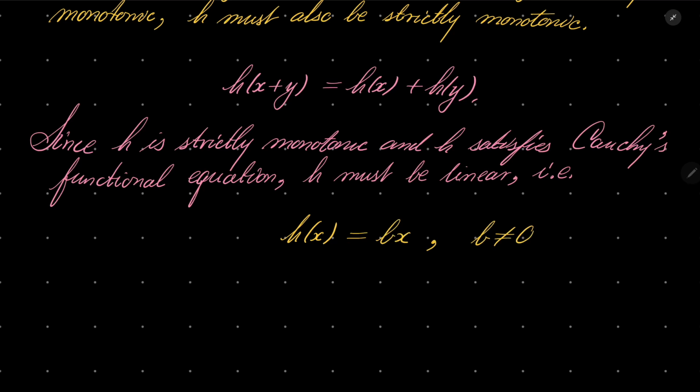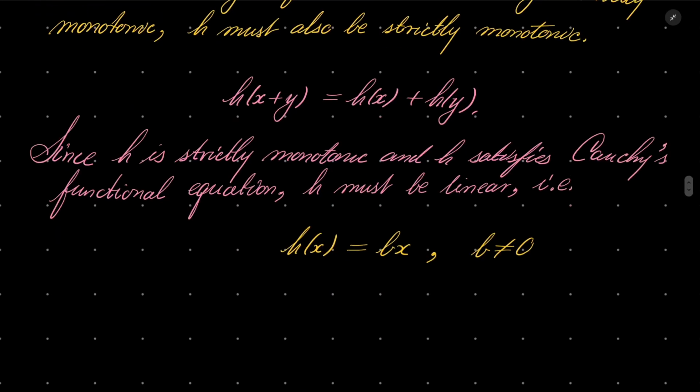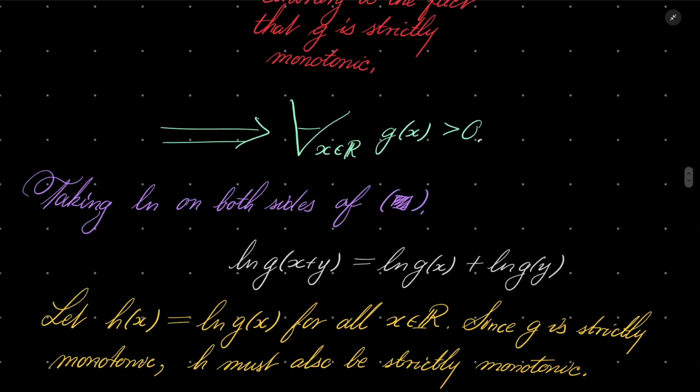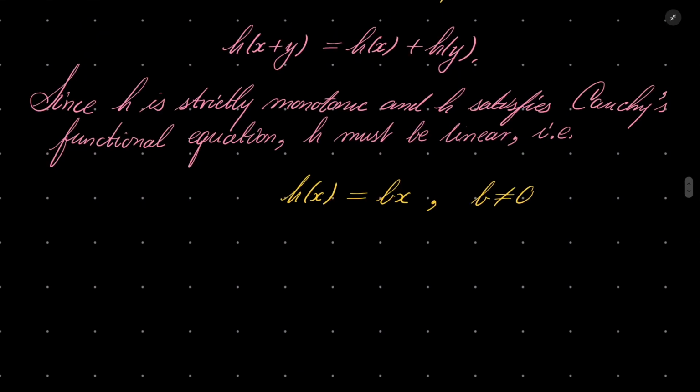Alright, and now let's go back. h of x was natural log of g of x. So, natural log of g of x equals b times x. So, g of x equals e to the power b times x.